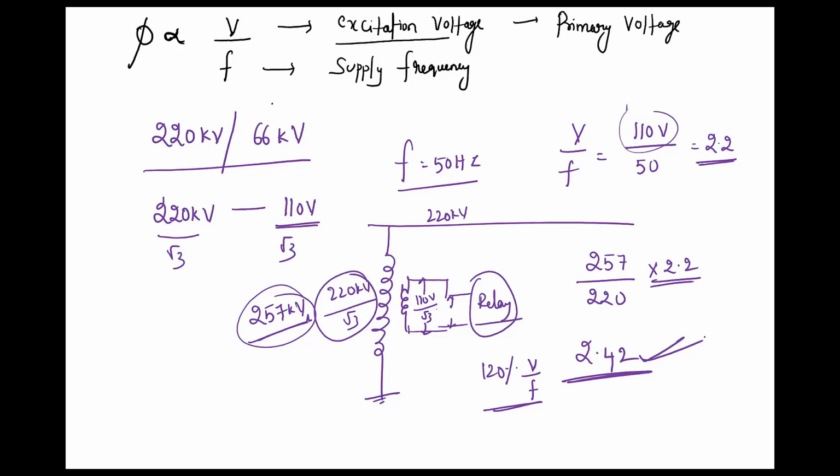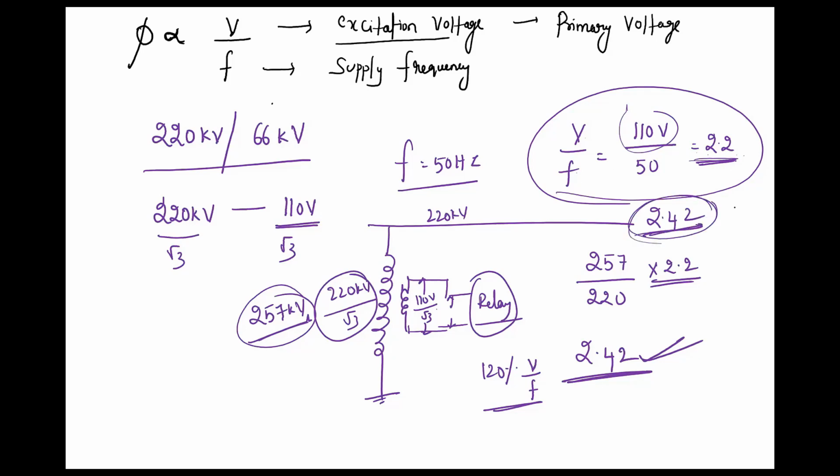Under normal conditions, the V by F ratio should be 2.2 in a PT. The threshold value is 10%, so 110% of this value will be 2.42. If it is below this value, no problem. But if this V by F ratio increases beyond 2.42, then the overflux relay will trip. That is the philosophy.